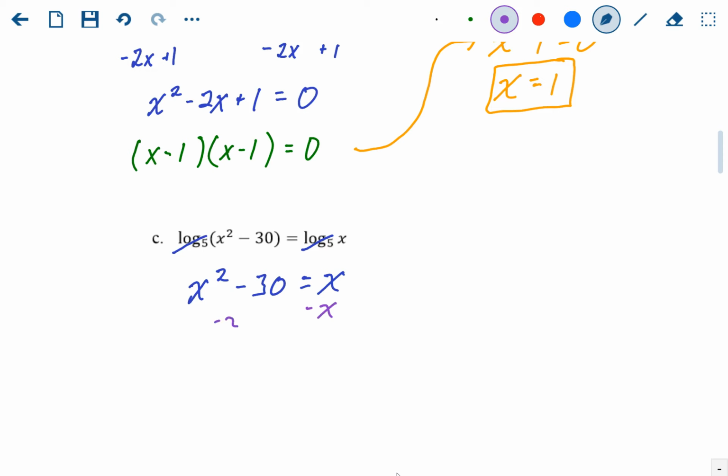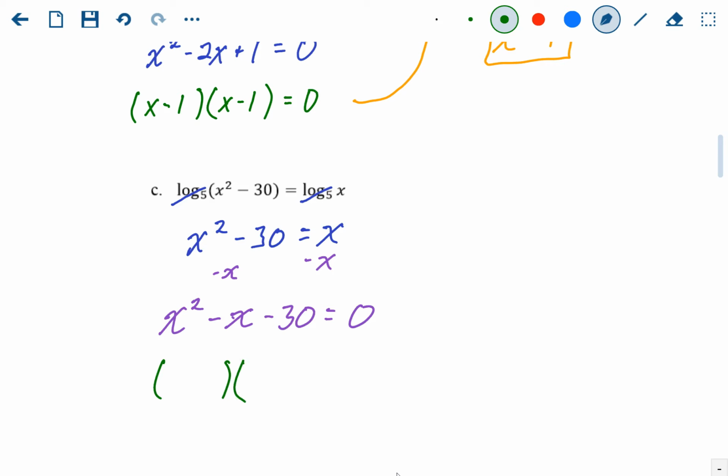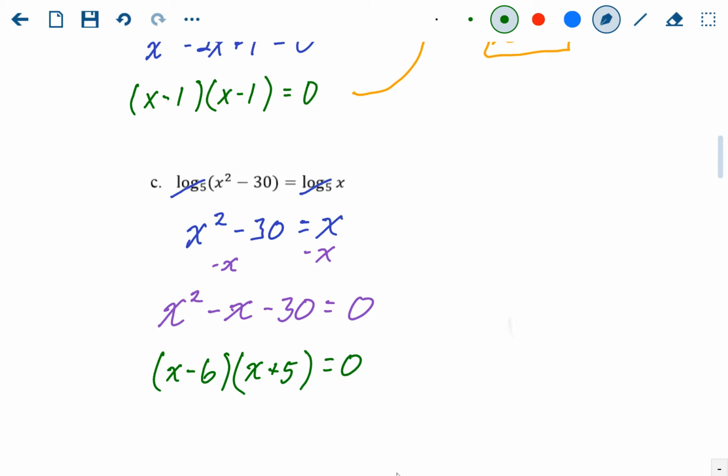I'm going to move this x over, leaving me with x squared minus x minus 30 equals 0. Factor that. What multiplies to negative 30 and adds to negative 1? Well, it's going to be negative 6 and positive 5, equals 0.